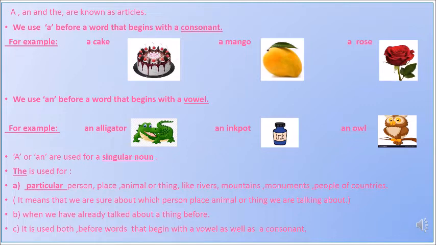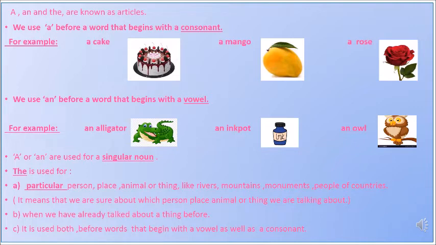The Indians are people who live in India, and we are using the with that word. Same way, people living in Japan are called the Japanese. People living in Australia, the Australians. This is what people of countries mean, children.